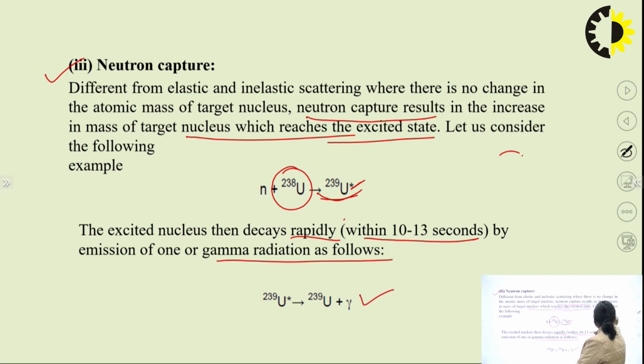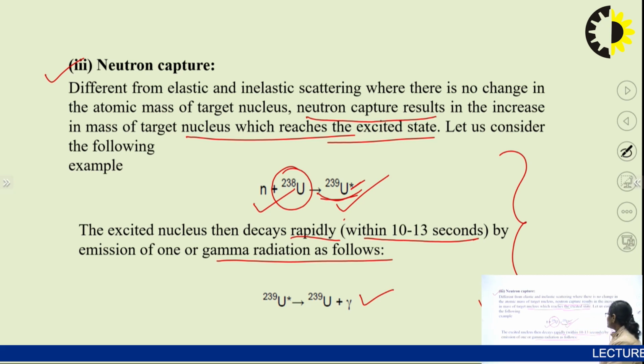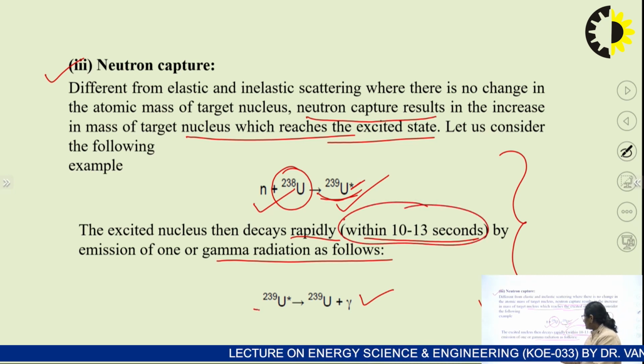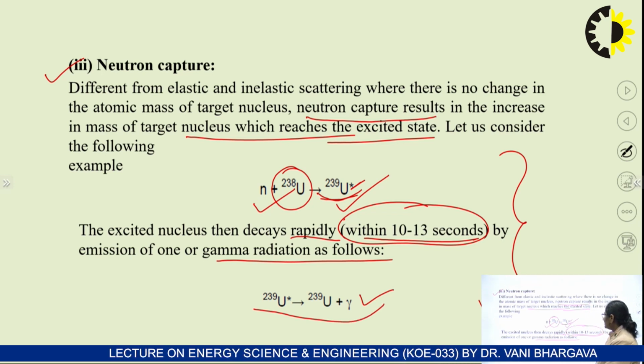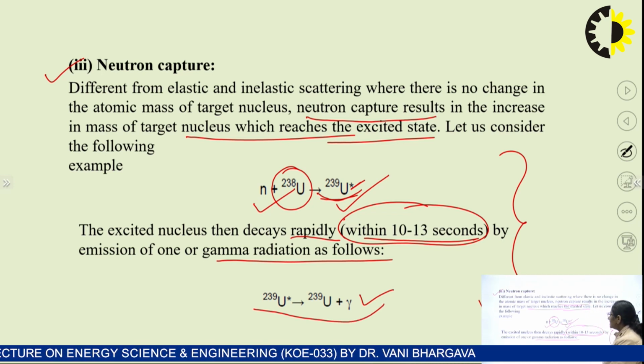So the entire process of neutron capture is this: upon capturing a neutron, uranium-238 gets converted to uranium-239 in the excited state, which decays rapidly, and we can see by this reaction that the process is accompanied by gamma radiation.